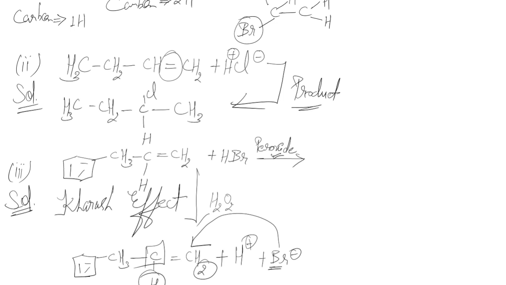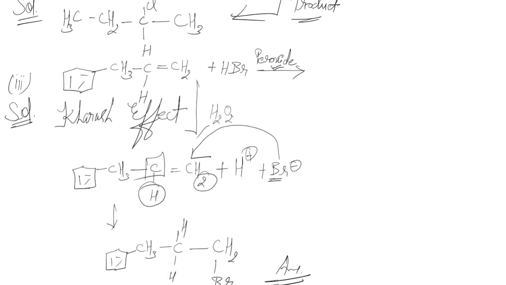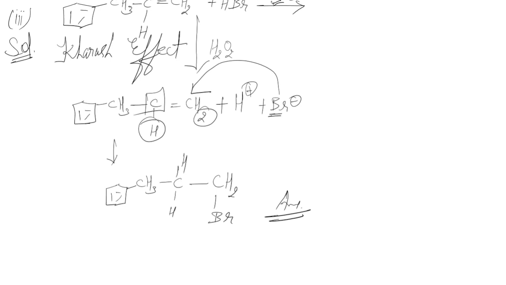That is your expected product, so that's your answer. That's how we learn what the Kharash effect is and what the Markownikoff addition reaction is. These things we need to keep in mind while doing questions on the addition of olefins with HBr, HCl or HI, the hydrogen halides. Thank you.